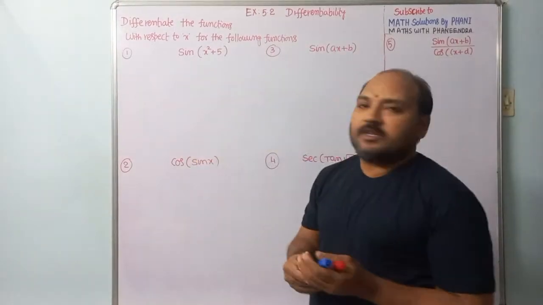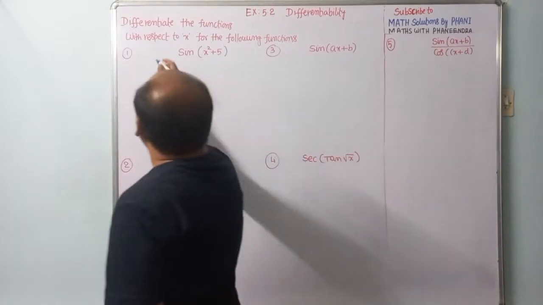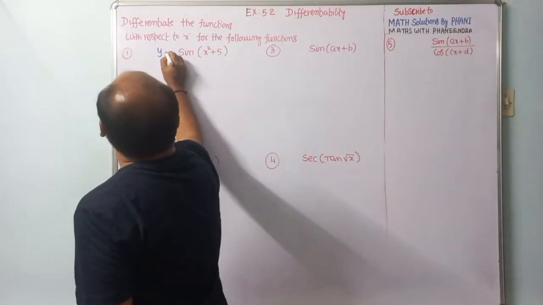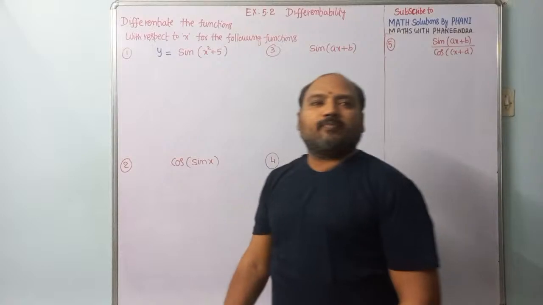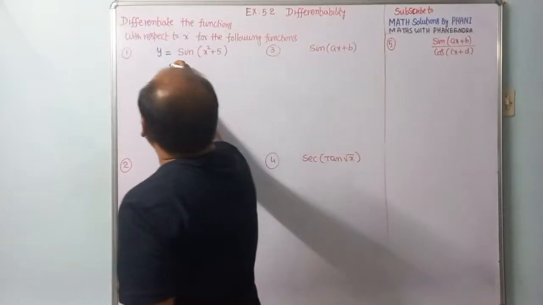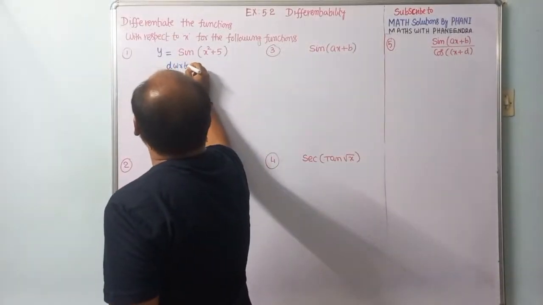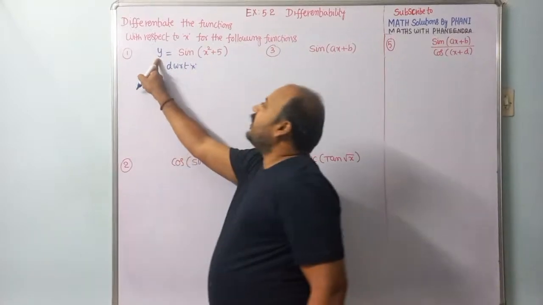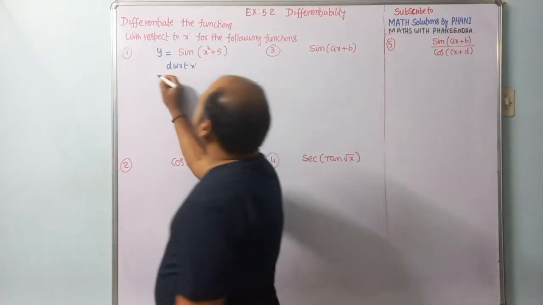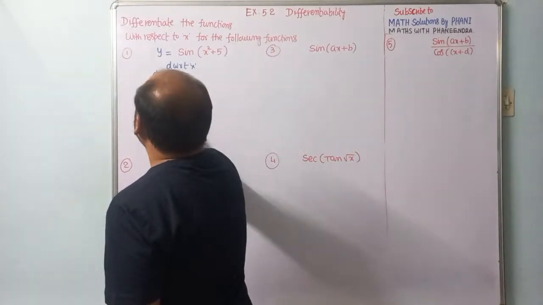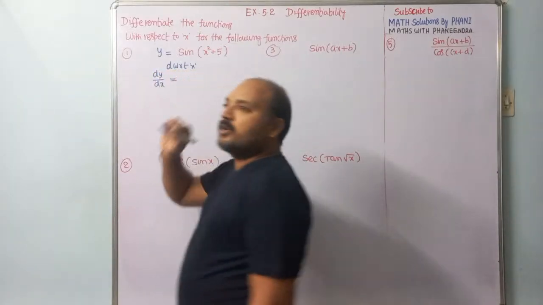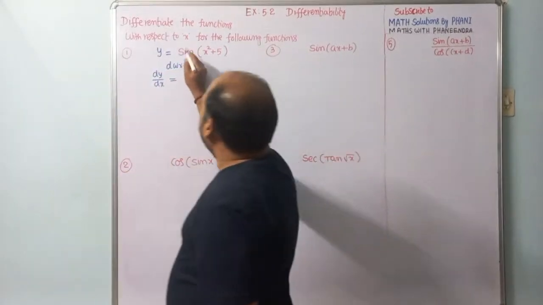Differentiate the function with respect to x. First, I consider the given function as y. Differentiate with respect to x: dy by dx is equal to d by dx of sin of (x square plus 5).